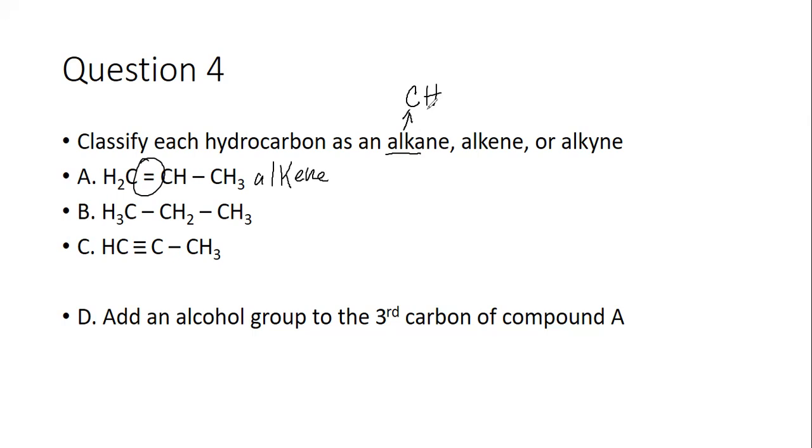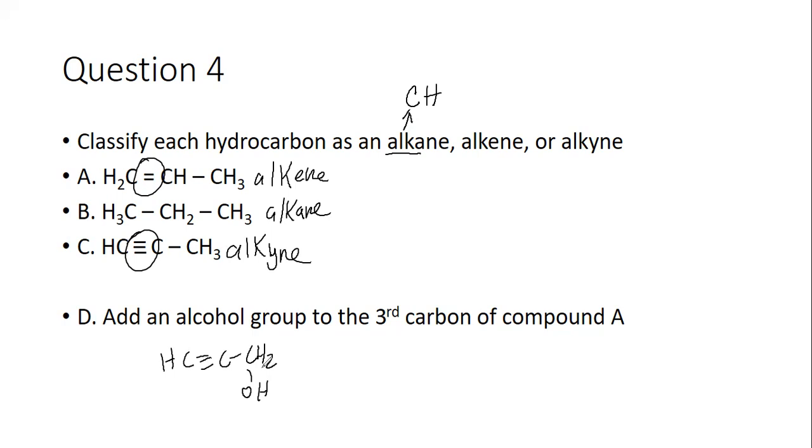B, only single bonds, so that's an alkane. C, that's a triple bond in there, so that's an alkyne. And D, if I want to make an alcohol group, I can add an OH like that.